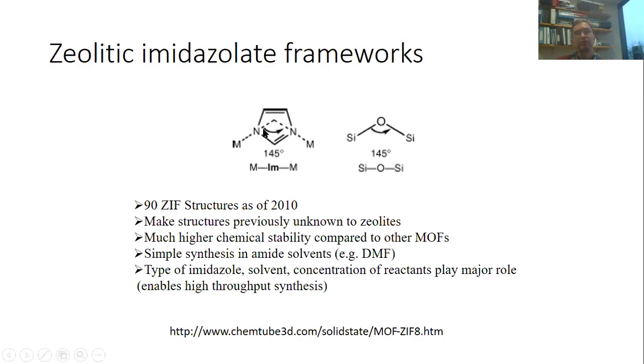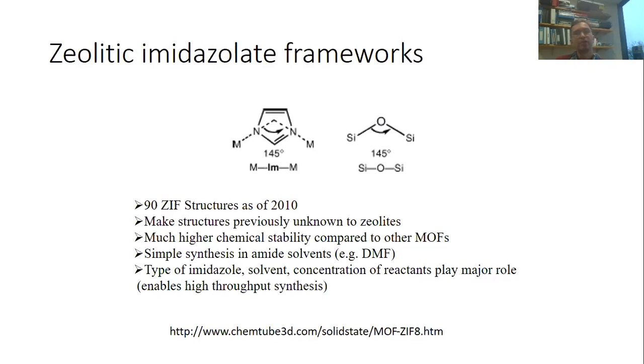But the two nitrogen donor atoms also produce an approximately 145 degree bond angle between them and the metal cation, whereby the metal cations are then M2+ cations in order to produce a neutral framework. So here in the case of the zeolites, we need silicon 4+ in order to charge compensate the O2-. Here we only need M2+ in order to charge compensate the imidazolate anion, which only has a 1 minus charge.